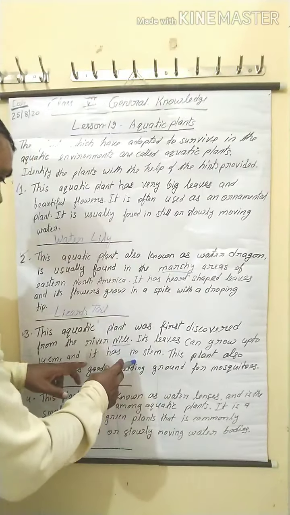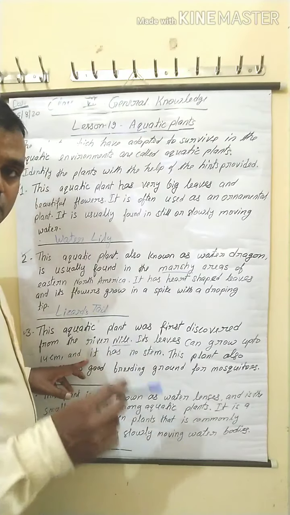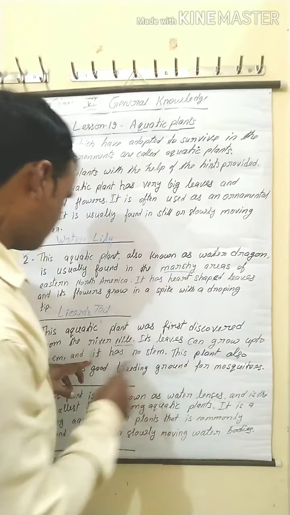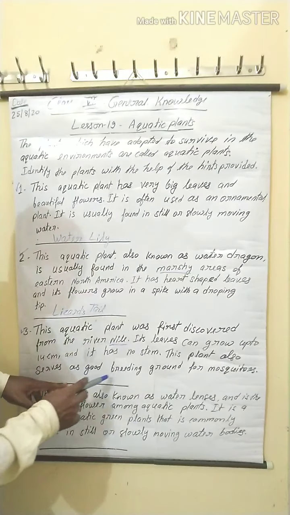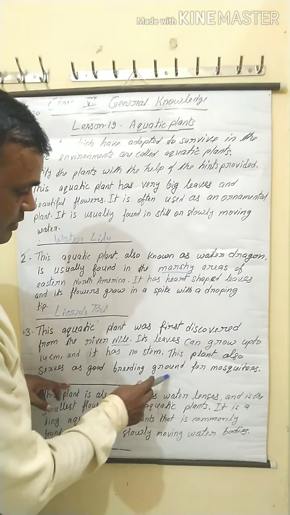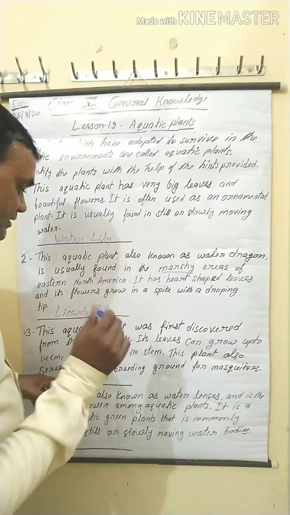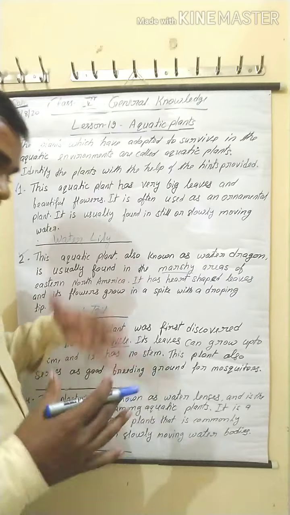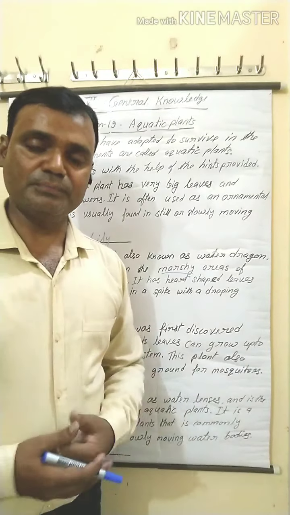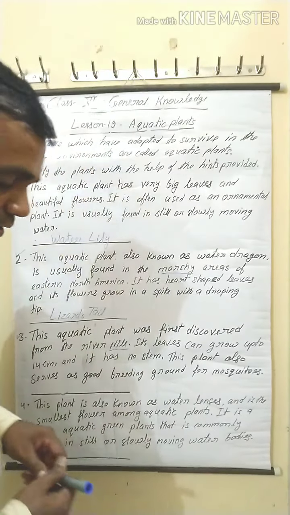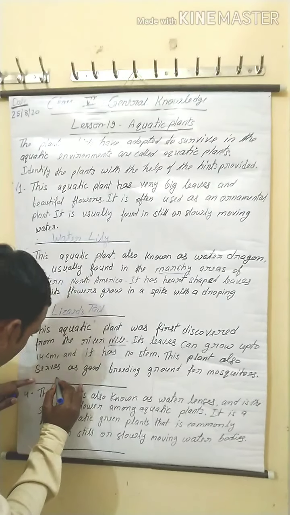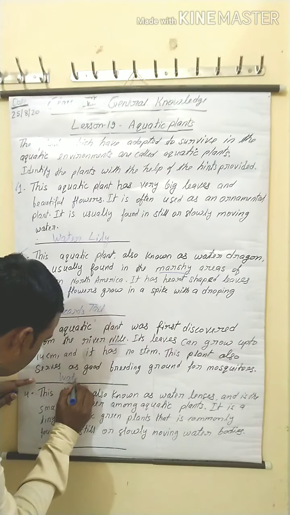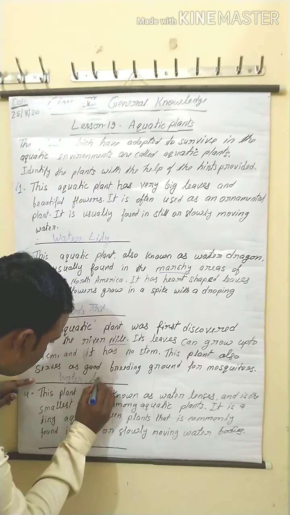This plant also serves as a good breeding ground for mosquitoes, providing a safe place for breeding of mosquitoes. The answer is water lettuce.